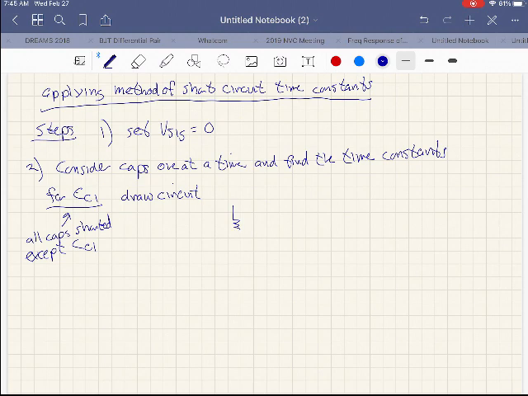Okay, we're shorting the supply, but we're not shorting the source resistance of the supply. So R sig stays in there. CC1 stays. We've got RB.